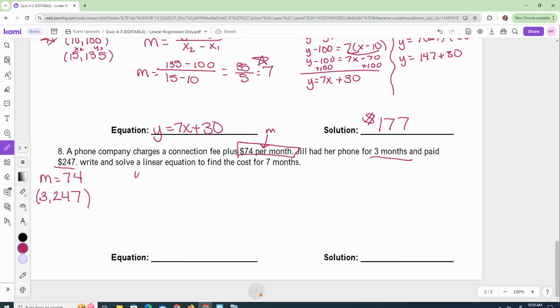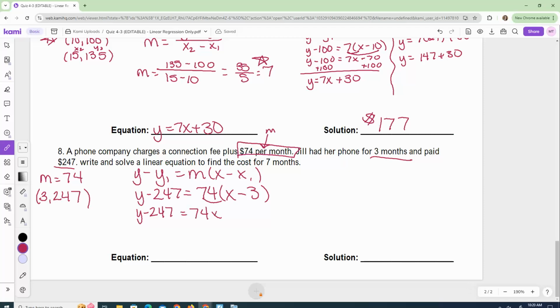So now we can plug into our point slope formula. y minus y1 equals m times x minus x1. So y minus 247 equals the m, 74, times x minus our x value, which was 3. Distribute. What is it? 222, is that right? Yeah.